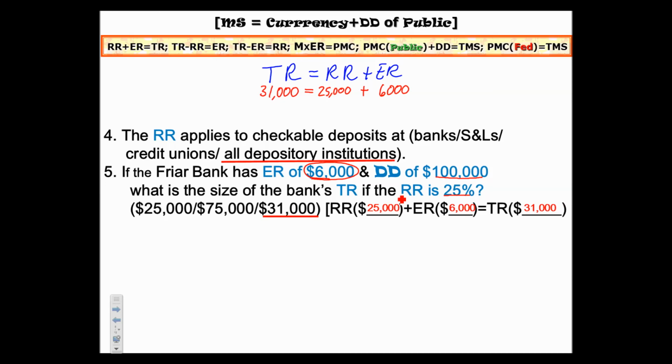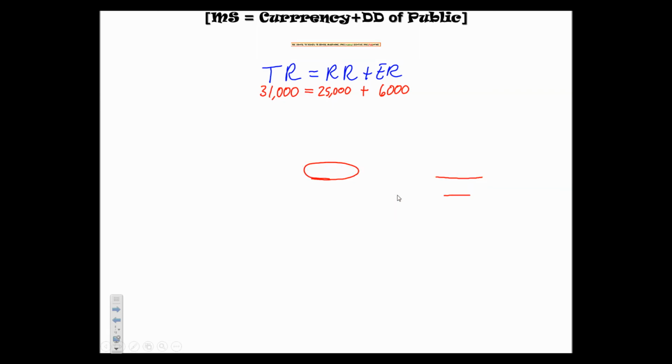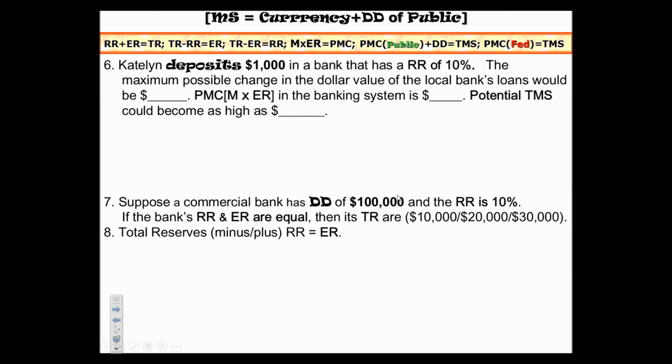These are just some of the types of problems that you're going to see on tests, quizzes, homework, and so on. Okay, last page. I'll answer these as examples, and then you can get busy on your own. Caitlin deposits $1,000 in a bank that has a reserve requirement of 10%. The maximum possible change in the dollar value of this bank's loans would be, well, again, we can always start with this.